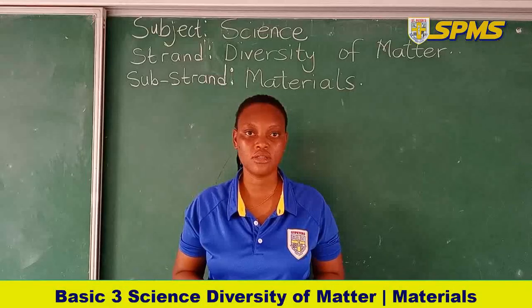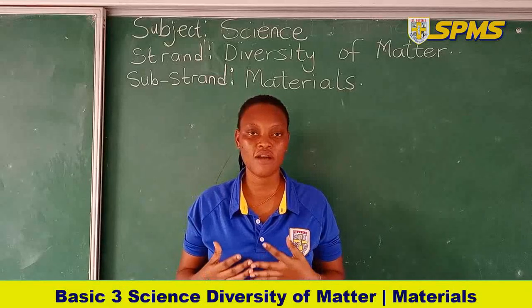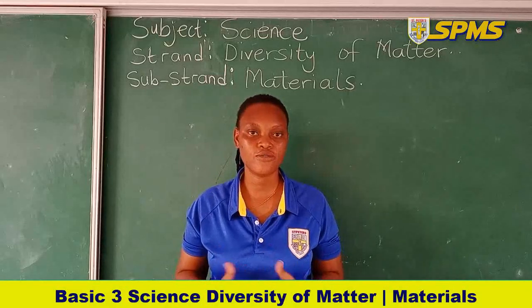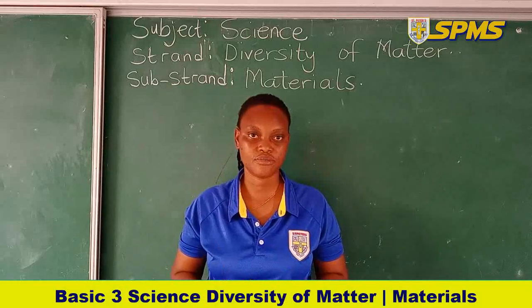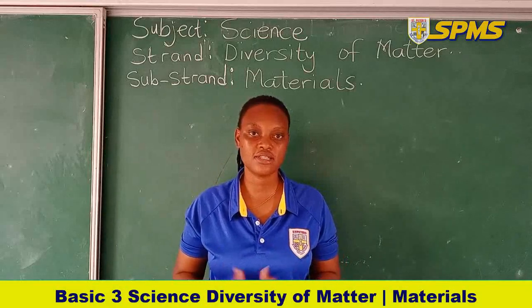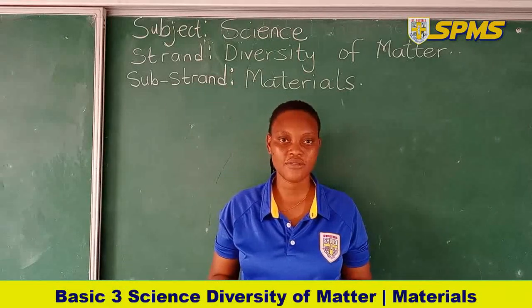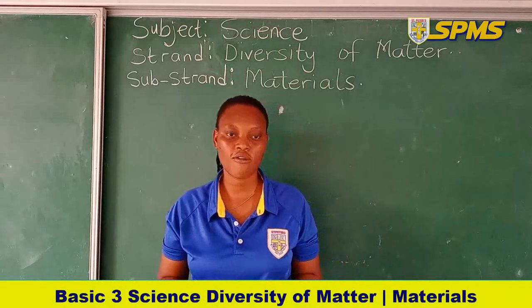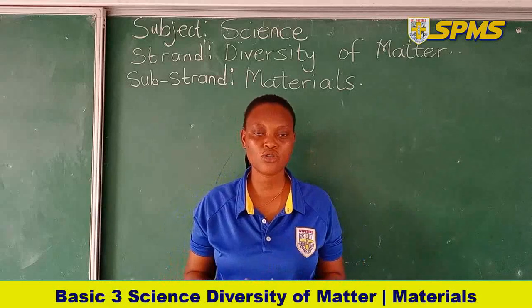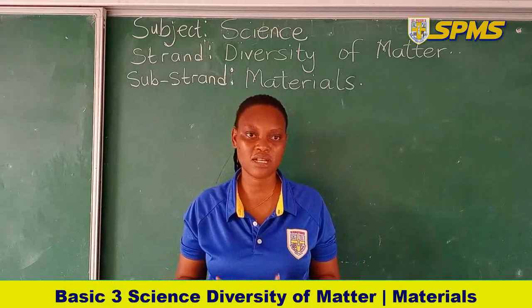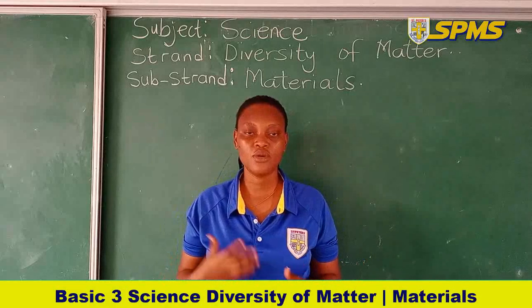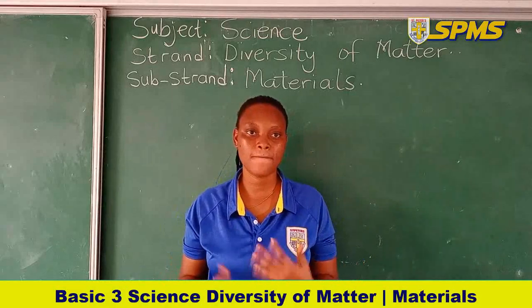All right, children. We have come to the end of today's lesson. What have we learned so far? We've looked at materials and the properties of materials. We also looked at the types of materials. We looked at 3 types of materials.